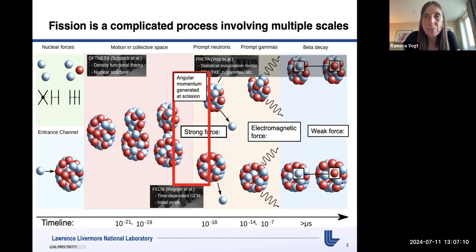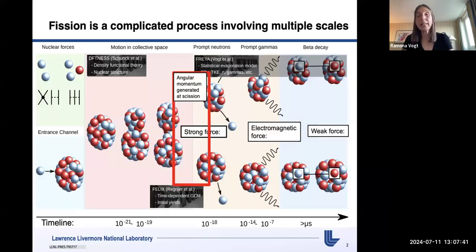That's distributed between the motion of the fragments away from each other, the total kinetic energy, and also the excitation energy of the fragments. And that excitation energy is about 10% of that total energy available. Most of it's kinetic energy, but that's enough to make these fragments hot and rotating and excited.